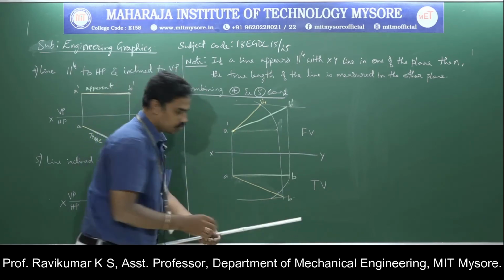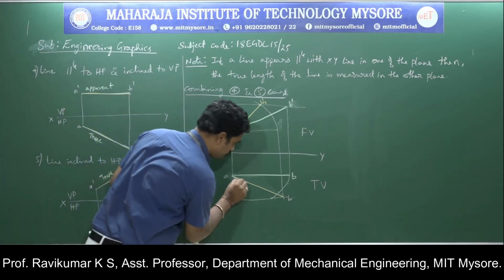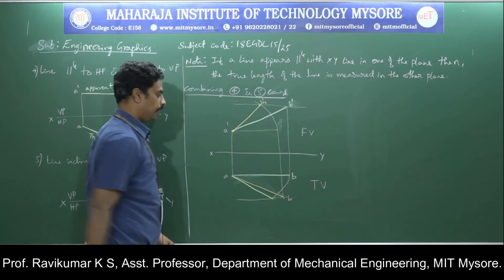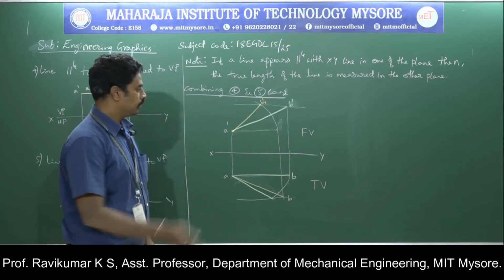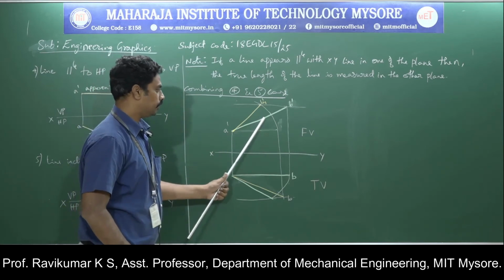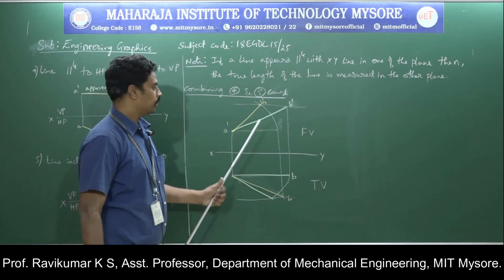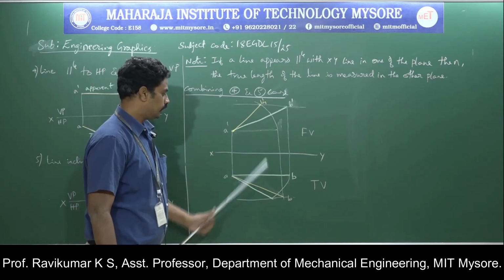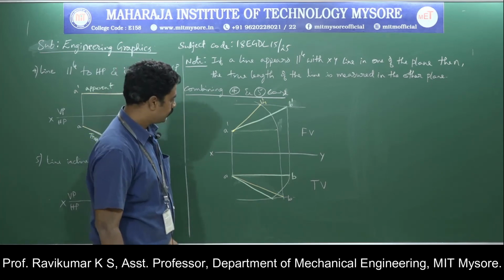Now if you join these 2 points, this will be the apparent length of the line. This is the true length of the line, this is the apparent length of the line. Fine.